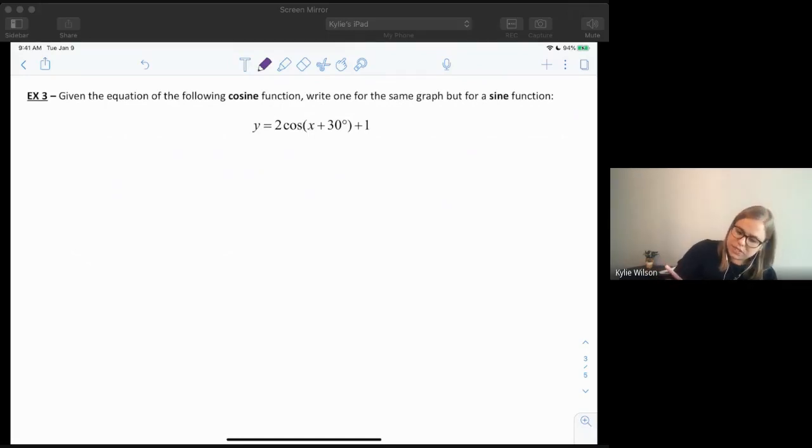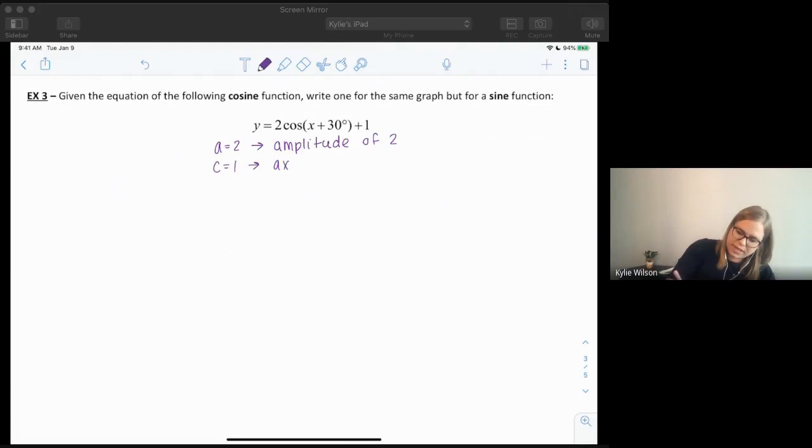So first we have a value of 2, and that is going to tell us that we have an amplitude of 2. So I'm basically doing what we were doing before, just backwards. Next, I have that c equals 1.